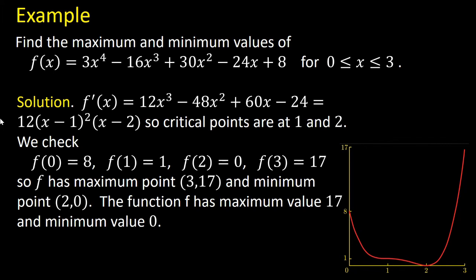So the condition for being a critical point, that the derivative should be 0, it's not the converse. The converse does not hold, and this is an example where the converse does not hold. You have something that's a critical point, but it is not a maximum or a minimum, not even a local maximum or minimum.